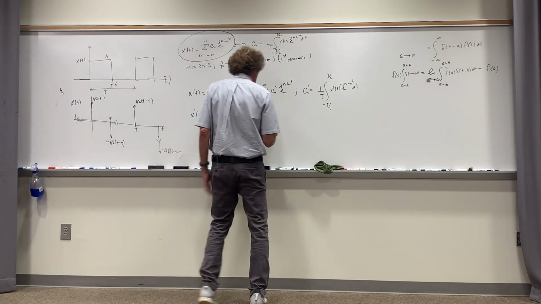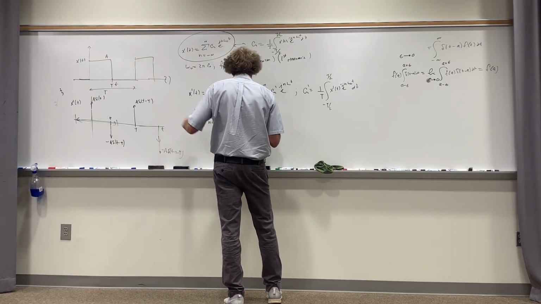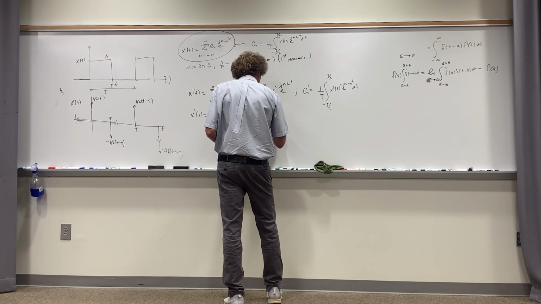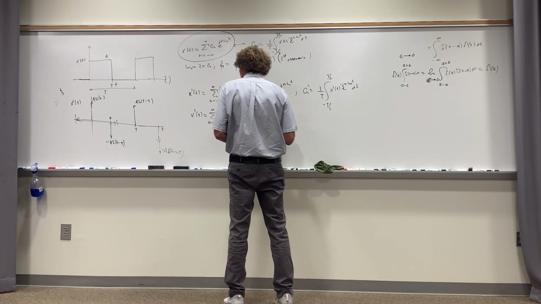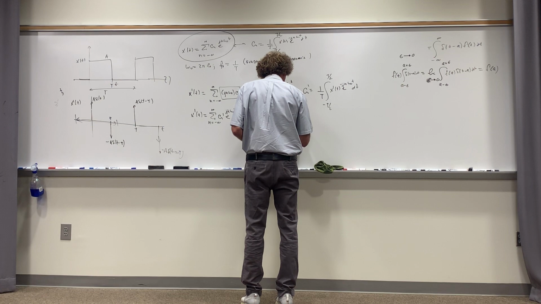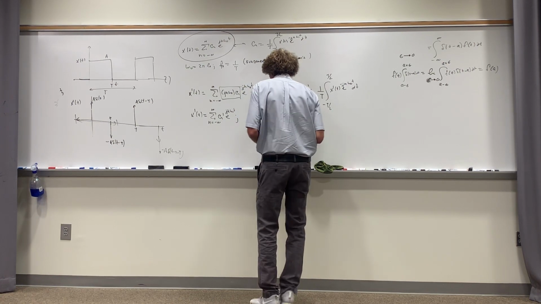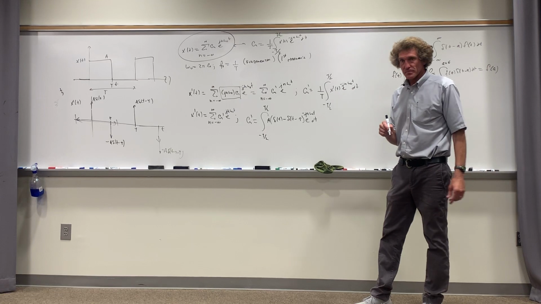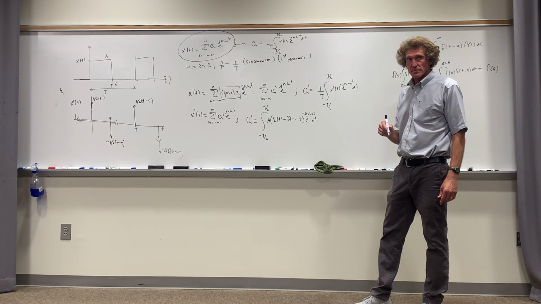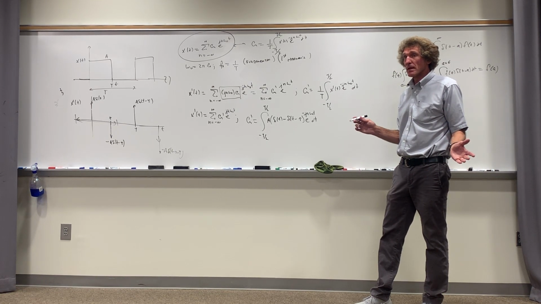So if I do this, now I have A times quantity delta of t minus delta of t minus tau times e to the minus j n omega naught t dt. Does everybody agree with me there? You all agree with that?